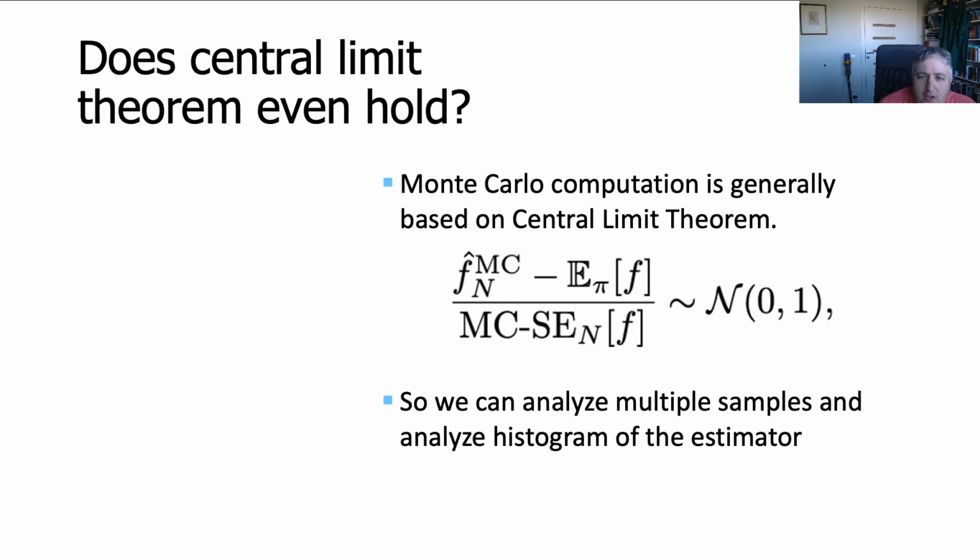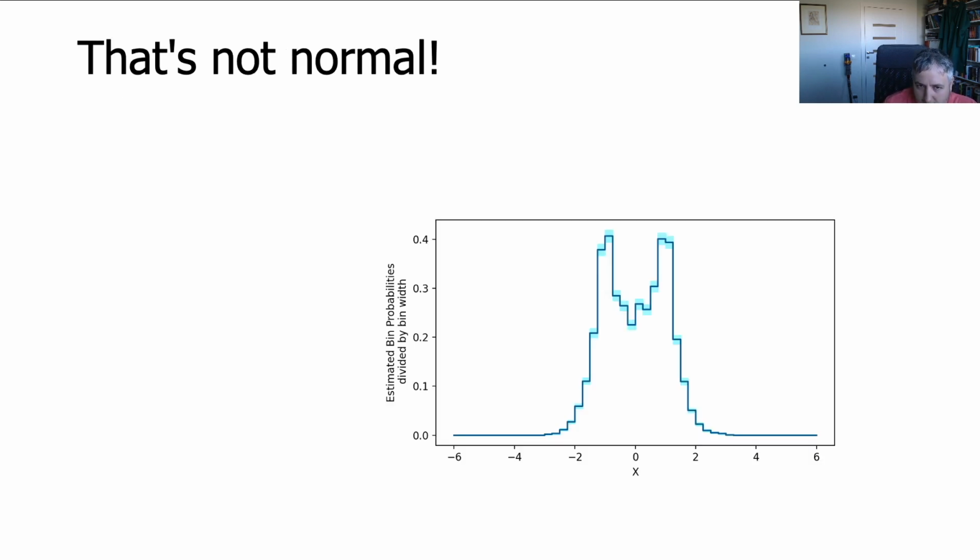generally Monte Carlo computation is based on the central limit theorem. Because of that, we can analyze multiple samples and then analyze, for example, the histogram of the estimator. So we can simulate multiple samples from our distribution, then compute the value of the estimator and analyze the histogram of that estimator.